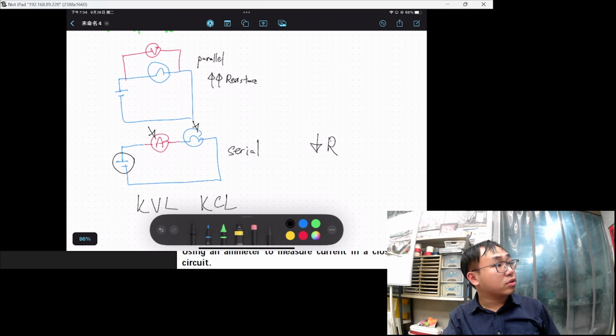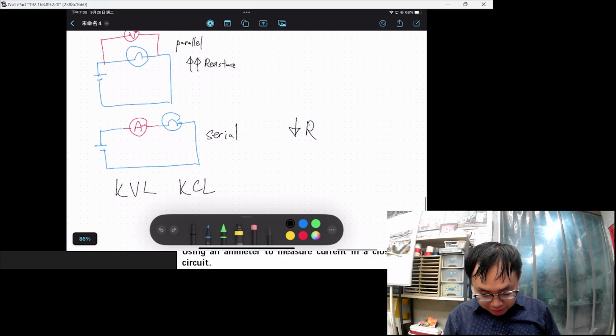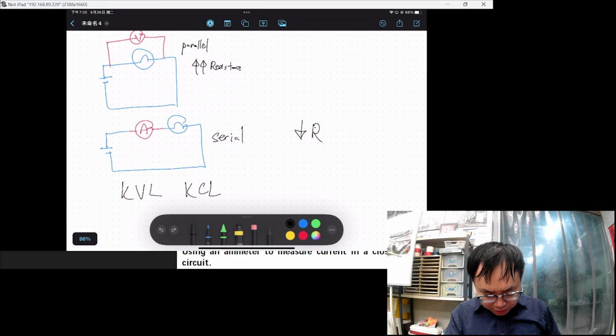This is KVL, what Kirchhoff's voltage law tells us. And KCL is about current. Let me find a description later. I forgot it. Oh, it should be similar in a parallel circuit.